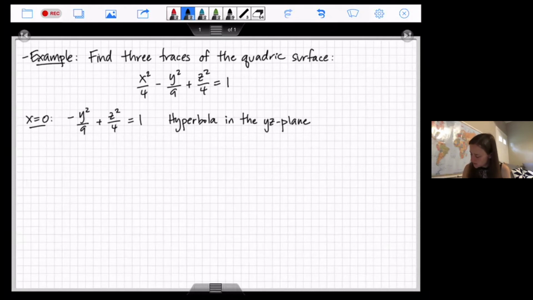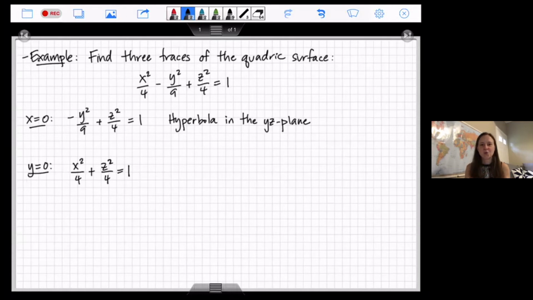Let's plug in y equals 0. Again, my y term is going to disappear. And at first glance, this kind of looks like the equation of an ellipse. I guess technically it is an ellipse. It's a special ellipse. The numbers underneath x squared and z squared are the same number, so we have like an x radius of 2 and a z radius of 2.